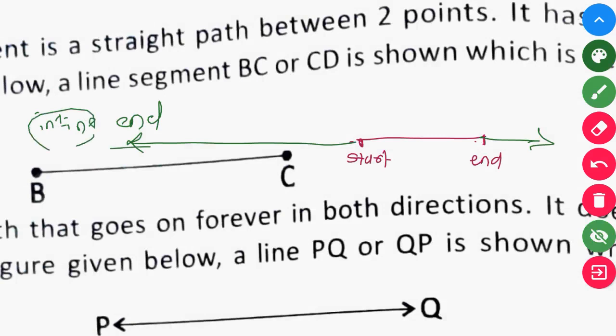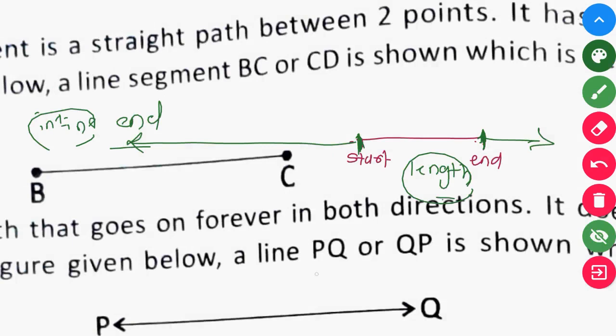Where it is going to end we don't know, but a segment is a small portion on that line whose length we can determine. We can say it is of so and so length, but we cannot say the line is of this much length. No, because a line has infinite ends at both sides.